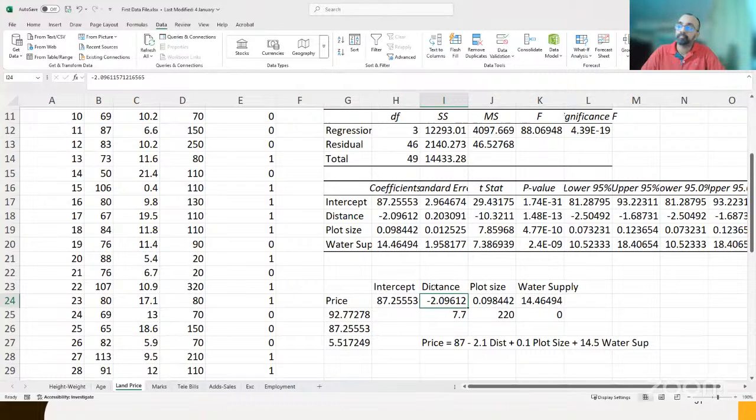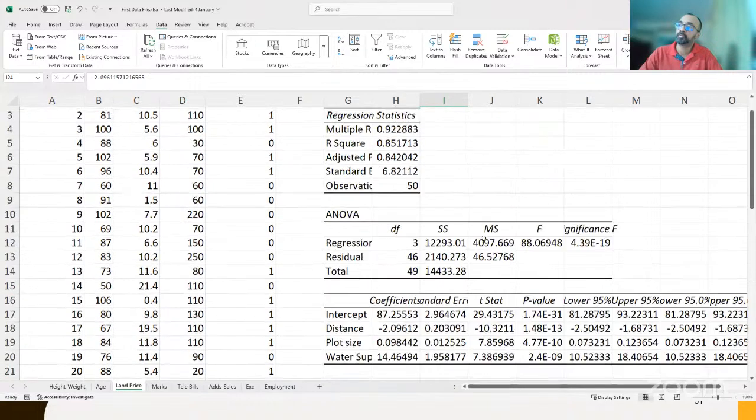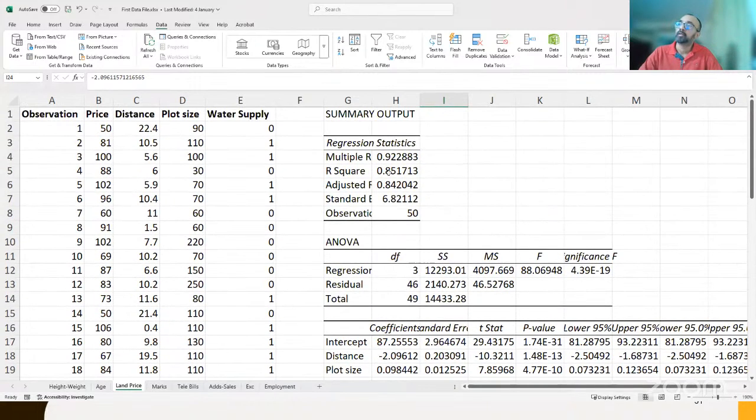And of course, you should also be able to talk about the R square value, based on that, whether the data fits well to the equation or not. We don't call it the equation, we actually call it the model, right?